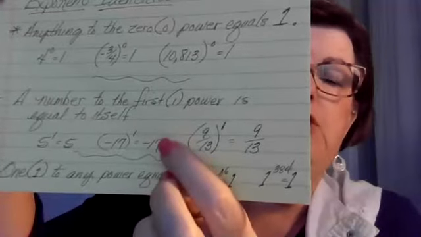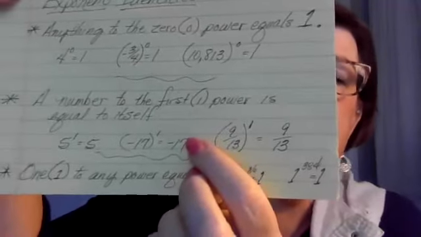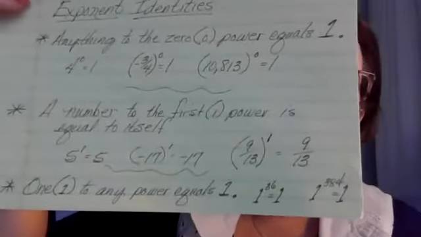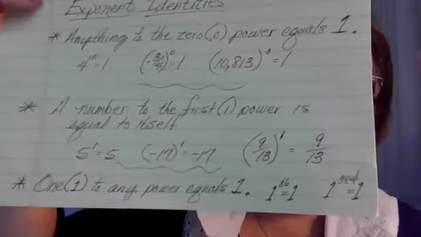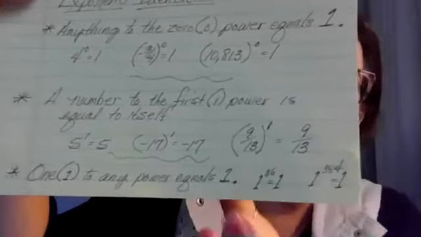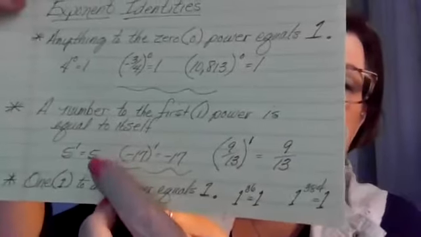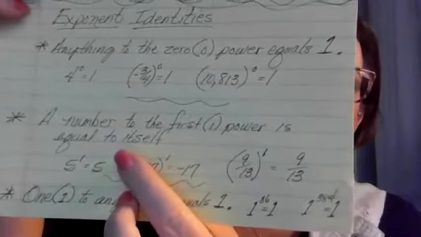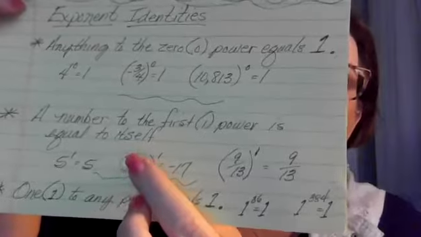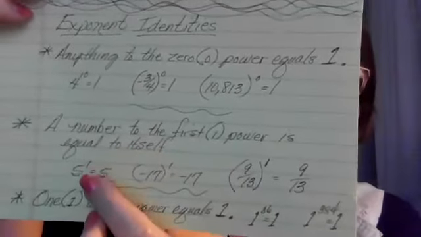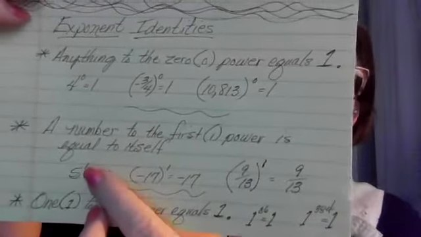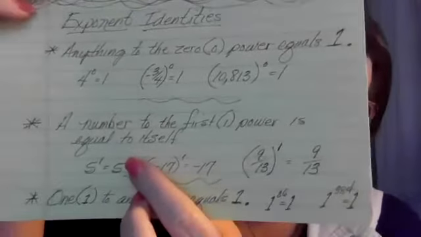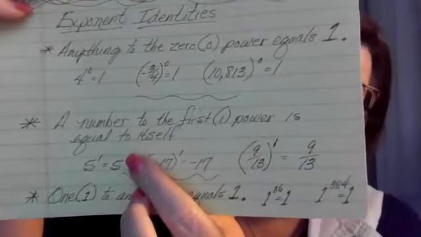If you see one of these, we have found out in our studies that 1 is kind of an invisible little critter that shows up everywhere. And so if you see a 5 and it doesn't have an exponent, it's an invisible 1. And in the same way, if you have some number or some base to the first power, it will always be equal to itself. Okay, anything to the first power is itself.